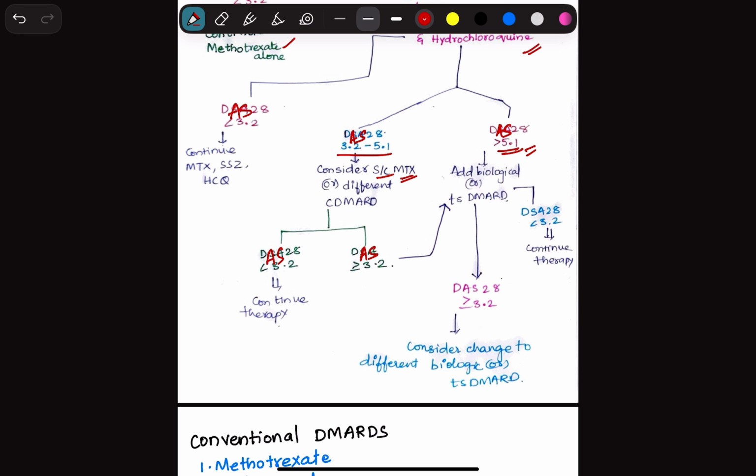When the disease activity score is more than 5.1, we have to directly add the biological or targeted synthetic DMARD. We shouldn't consider subcutaneous methotrexate, since it is on the severe side.